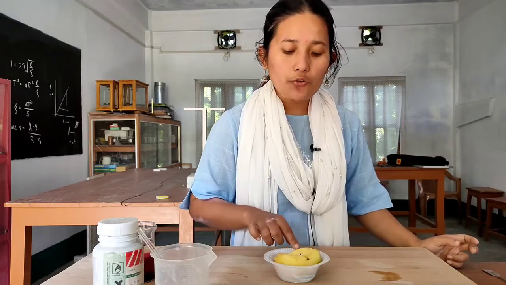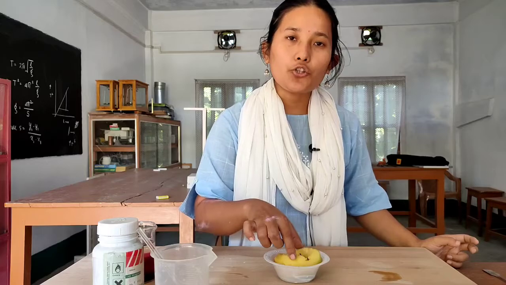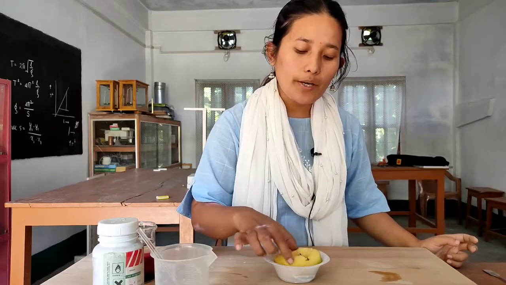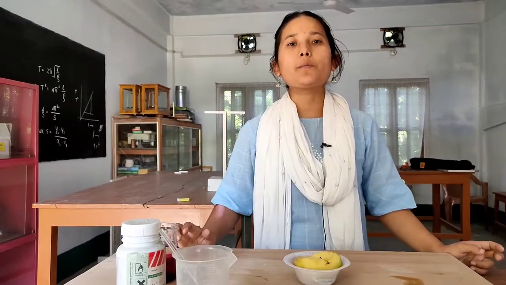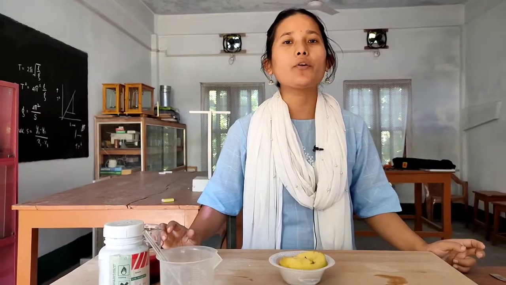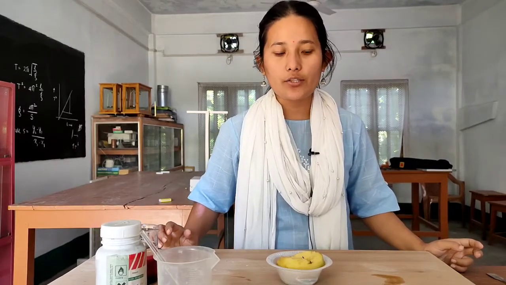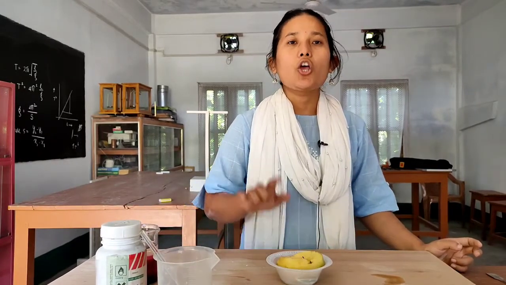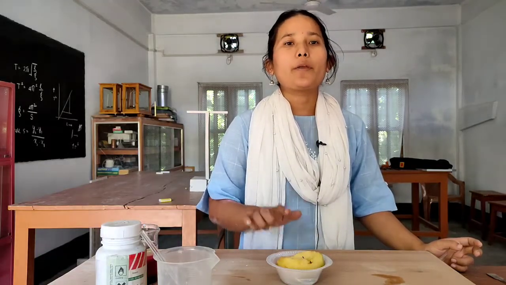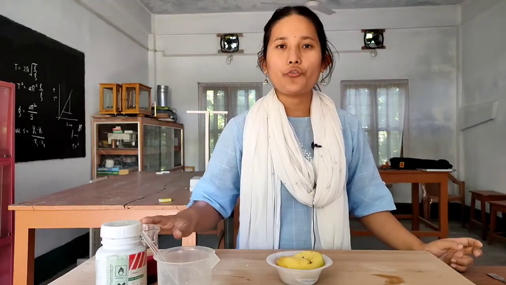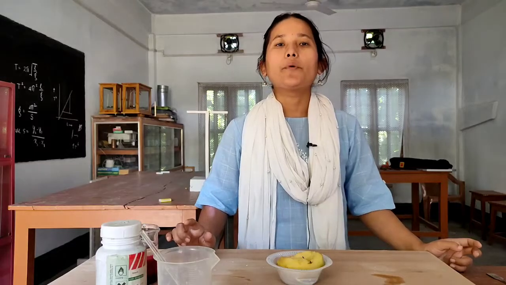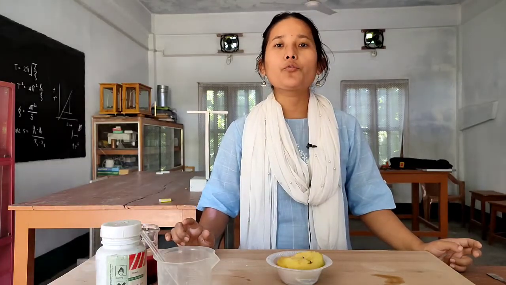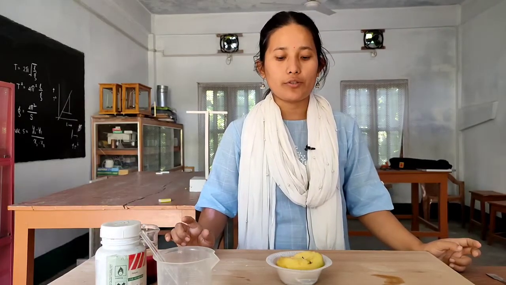The water is moving from the solution into the potato, and the membrane of the potato is acting as a semi-permeable membrane, thus allowing only water to enter. So in case of osmosis you need a semi-permeable membrane, but in case of diffusion you don't need any semi-permeable membrane. I hope you could understand the difference also, right?